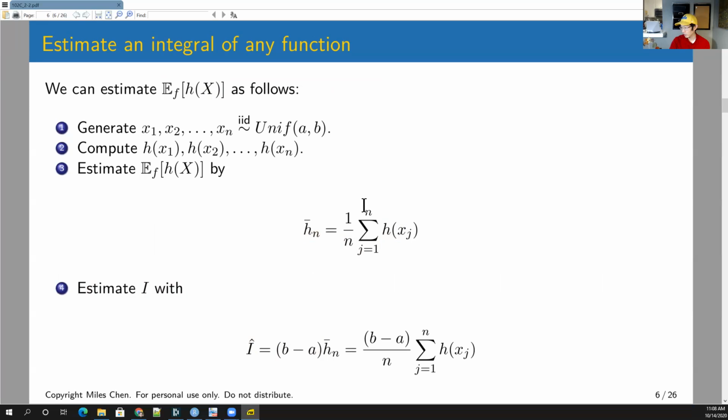All of these values come from the uniform distribution: if you have the uniform distribution from a to b, you generate x1, x2, through xn, compute h of x, and take the sample mean of all of those values. All right, so far so good.